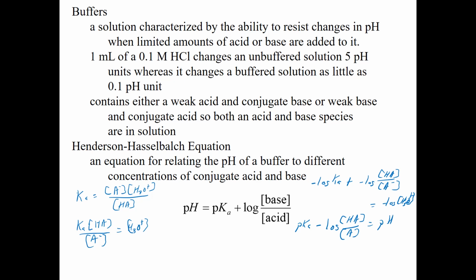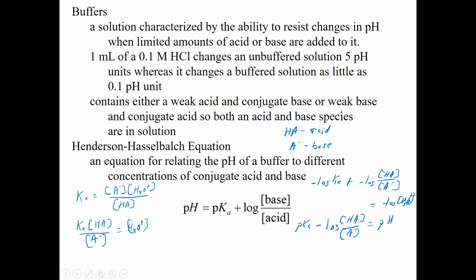You'll notice this is a plus sign and this is a minus sign, so all I have to do is reverse this. HA stands for the acid, A minus stands for the base, so it becomes pKa plus the log of the base over the acid is equal to pH. So this is just a derivation of this equation here.